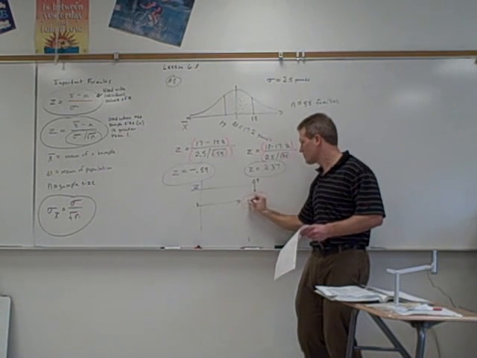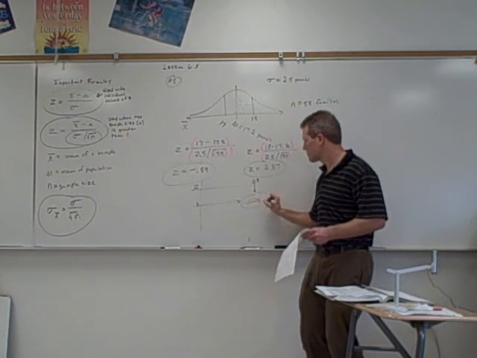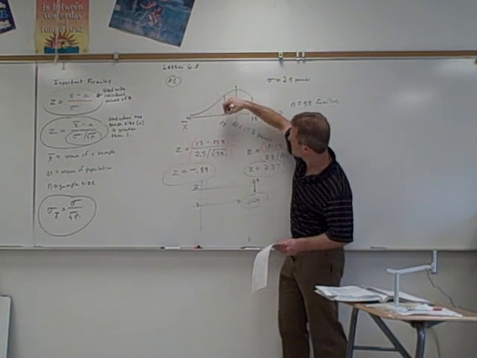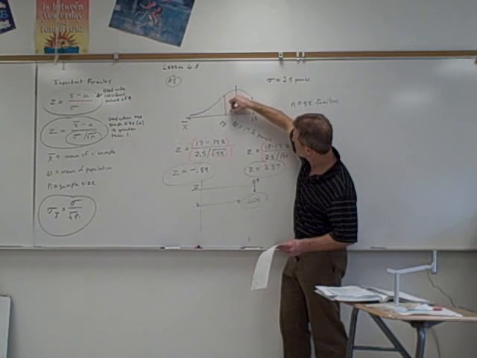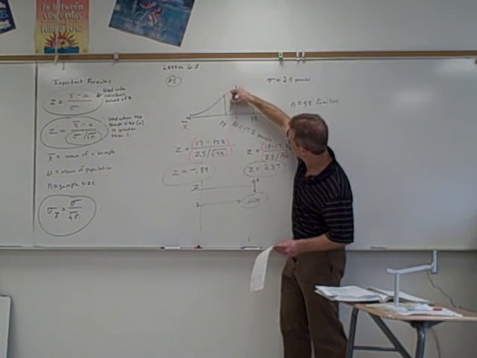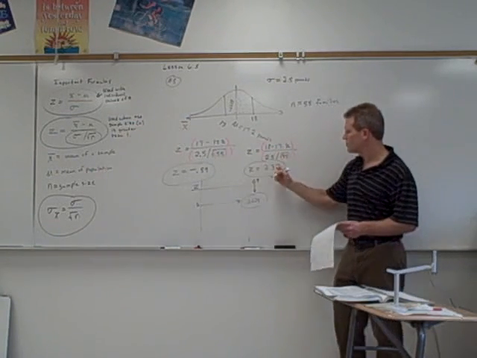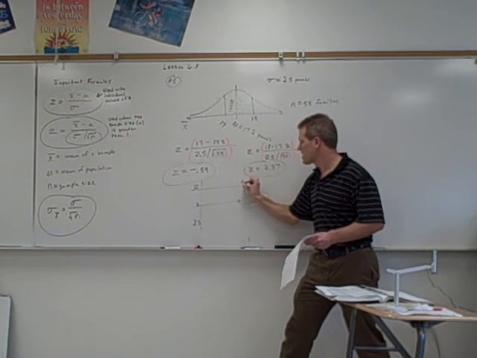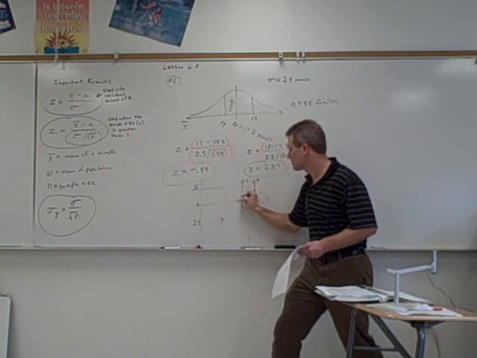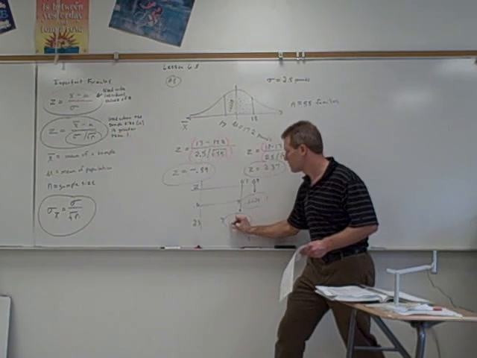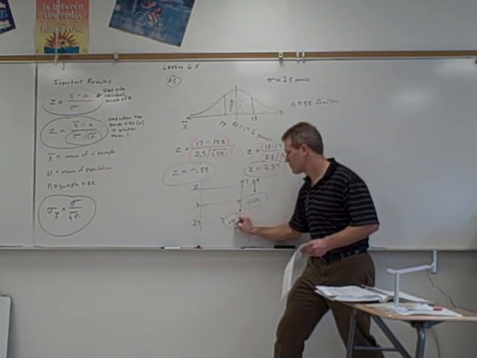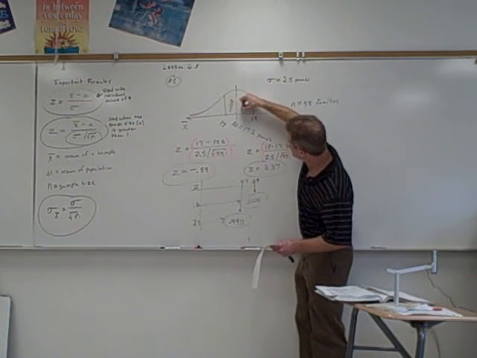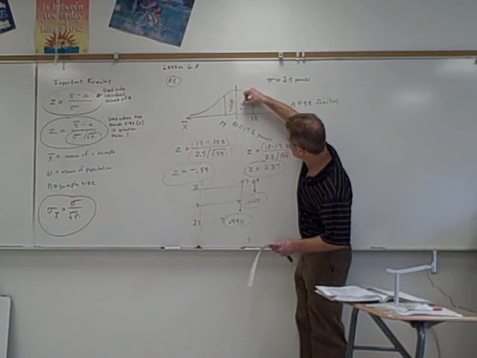So the area between z equals 0 and z equals negative 0.59 is 0.2224. And then for the 2.37, you go to 2.3 along the side, 0.07 along the top, look over, look down. That's a bigger number, I bet. 0.4911. And then what would we do with these two numbers? Right, add them together.